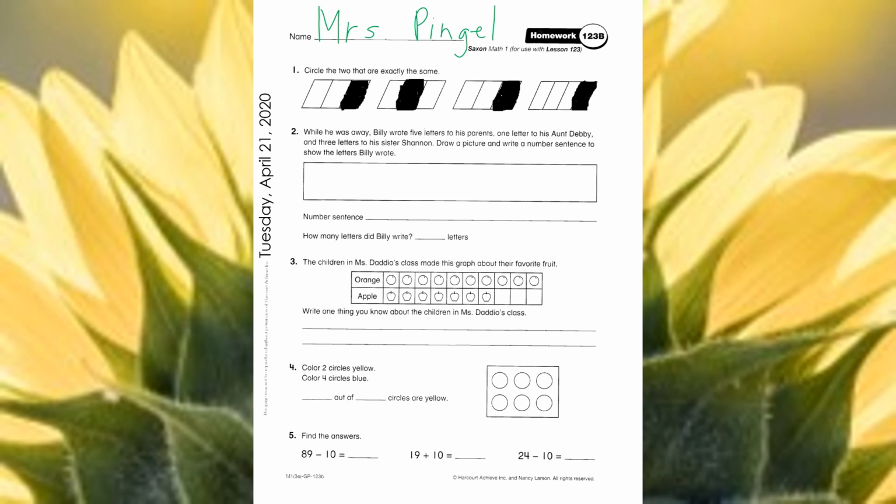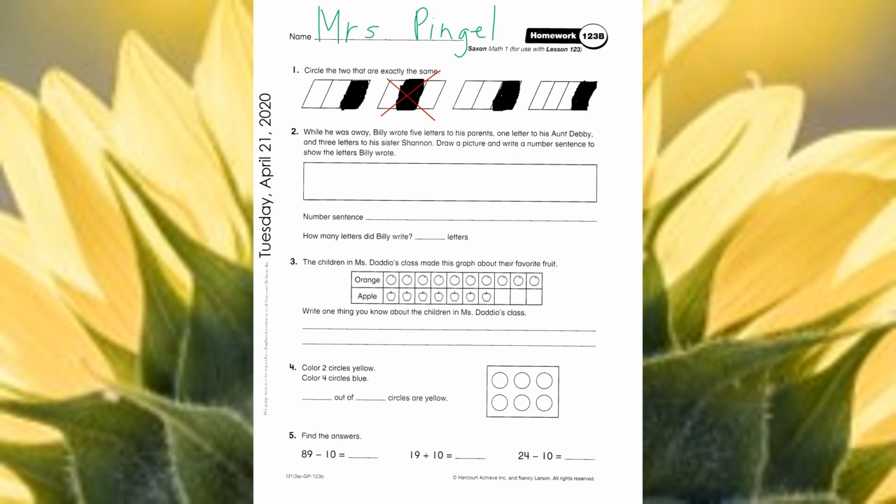Number 1, circle the 2 that are exactly the same. Well, let's start by ruling one of them out. I know that the second shape has the middle section shaded and the others have the last. So I know that it's not this one. Oh wait, I see something that's different now.